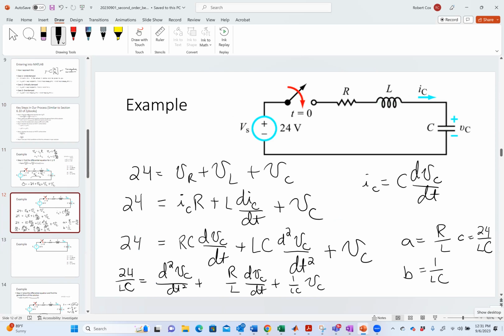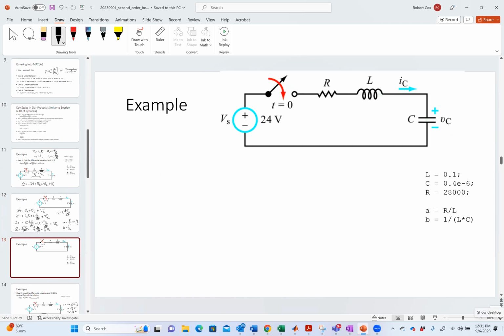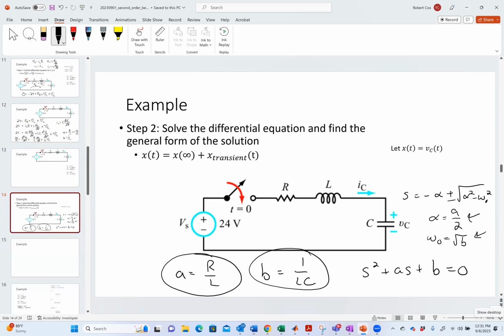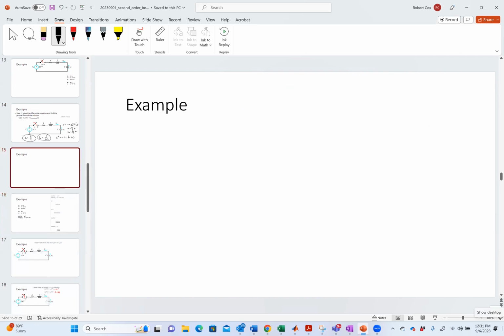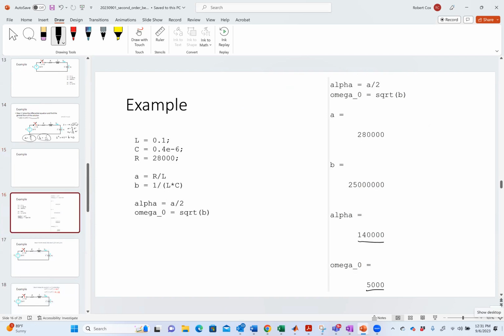Basically, I got my differential equations. I figured out what A and B were, and then I figured out what alpha was. So where we ended up last time is here, and I solved for these particular things. This is how I put it into MATLAB.